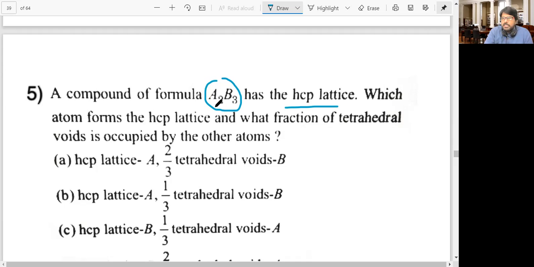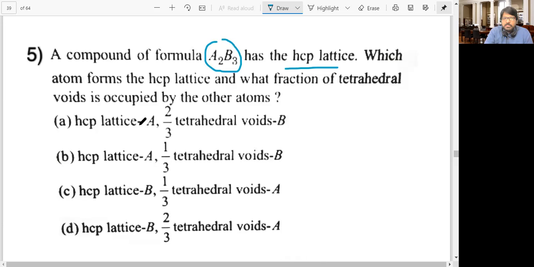The HCP unit cell is constructed by the host, and the guest is just occupying some voids formed by the host. It may be tetrahedral or octahedral, but he gave tetrahedral. According to this formula, he's asking which atom forms the HCP lattice and which occupies the void.